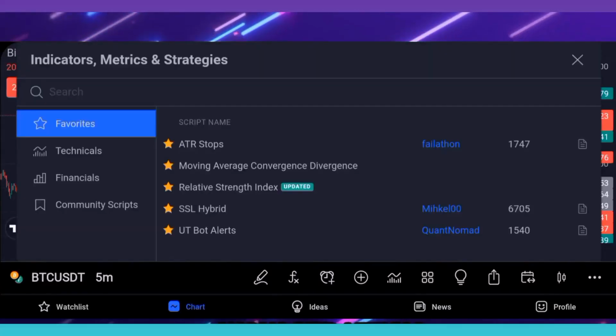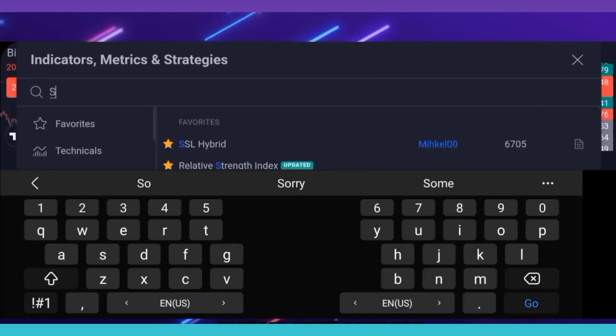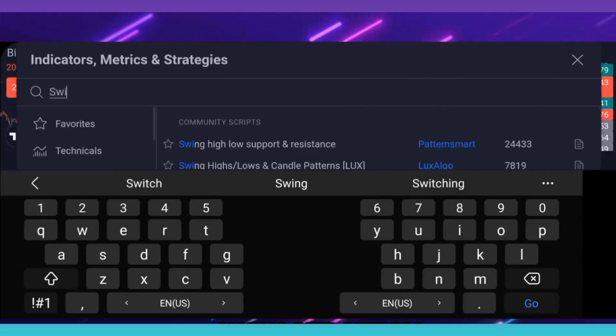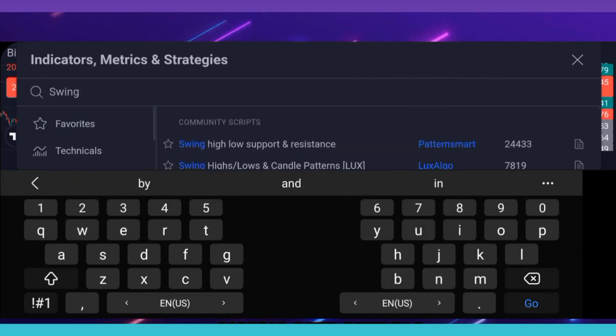The first indicator that I want to introduce to you is the swing ARM indicator. When you add this indicator to your chart, enter the settings like mine.